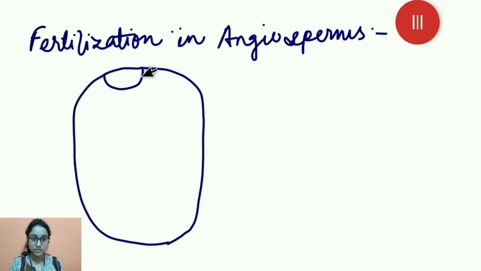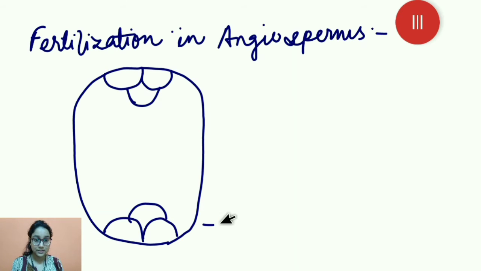Let us draw the proper structure of an embryo sac. Here are 3 cells, and there are also 3 cells on the other side. This pole is known as the micropylar end, and the other pole is known as the chalazal end.